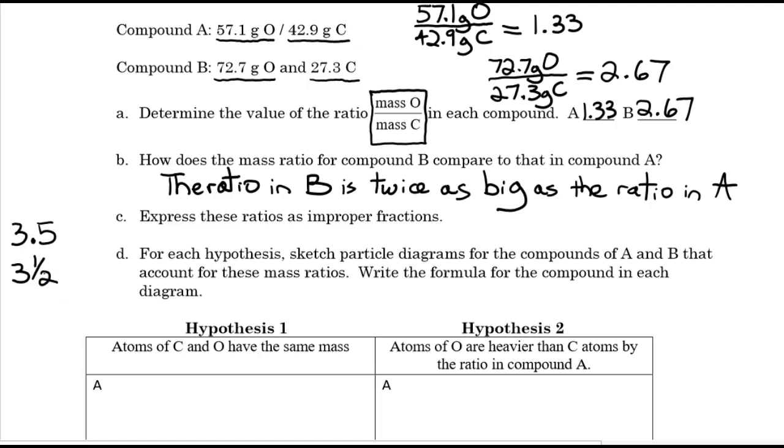Or I can express it as an improper fraction. An improper fraction means I have just a numerator and a denominator, so just a number on top and a number on bottom, and the number on top will be bigger. So 3 1/2 is the same thing as 7/2. And you can verify that in your calculator. In case you're wondering, how did I know it would be 7/2?